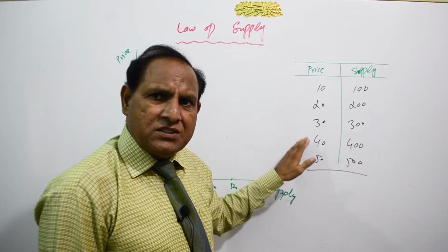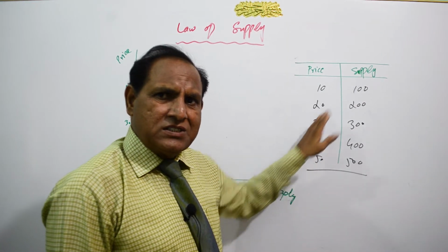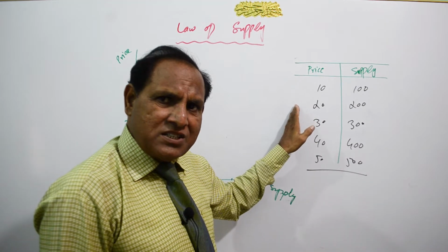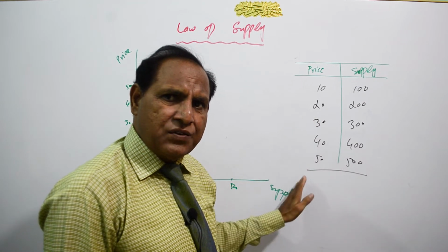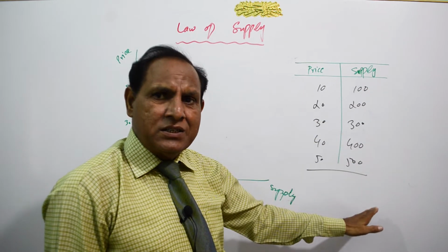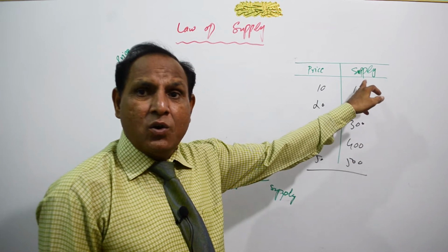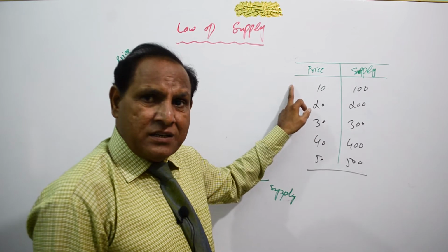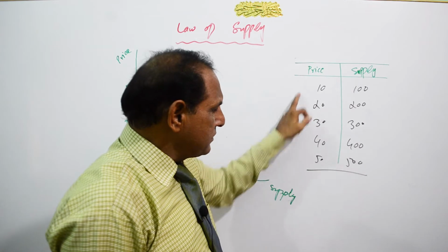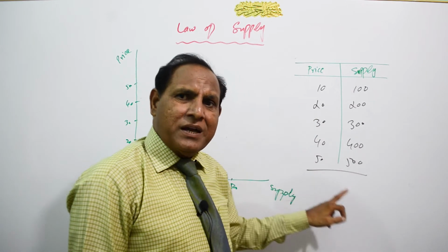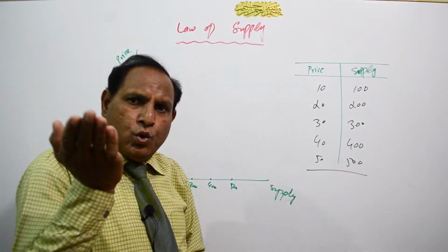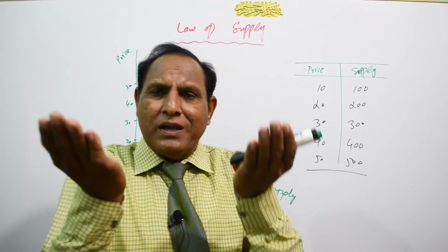And if the price reaches rupees 30, its supply also increases. And as the price reaches 50 rupees, supply also reaches 500 from 100 only. At price 10, 100 supply is there, and at price 50, the supply reaches 500. It indicates that if prices go up, supply also goes up.